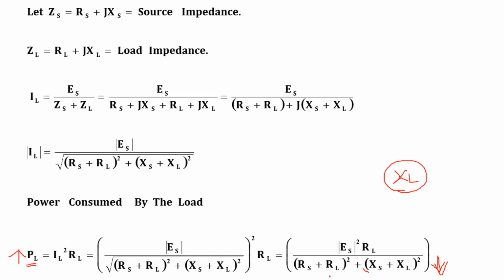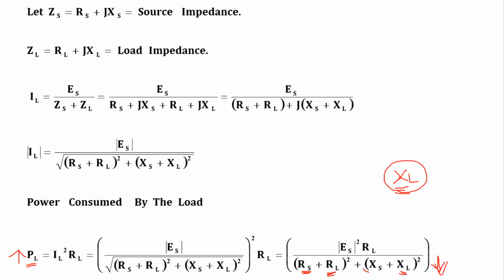RL is constant, source resistance is also constant. So in the denominator we cannot change (RS plus RL) square. We have XL as variable, so we can minimize XS plus XL. In this entire denominator we consider RL and RS as constant, so (RS plus RL) whole square is constant and XL is variable.